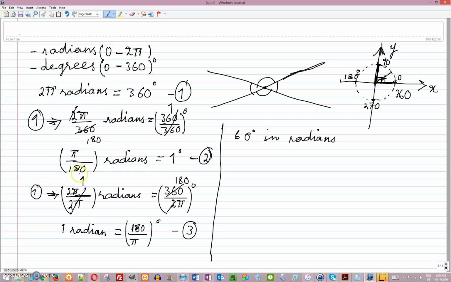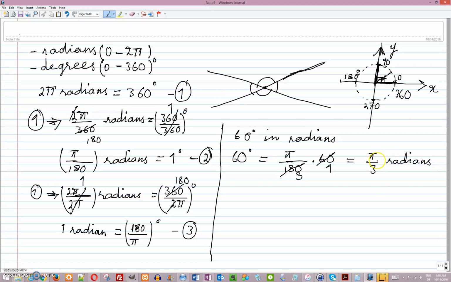If 1 degree is equal to pi by 180 radians, then 60 degrees would be 60 times this. So 60 degrees would be equal to pi by 180 into 60. You can simplify this by 60: 180 divided by 60 is 3, and this would be 1, so it would be pi by 3 radians.